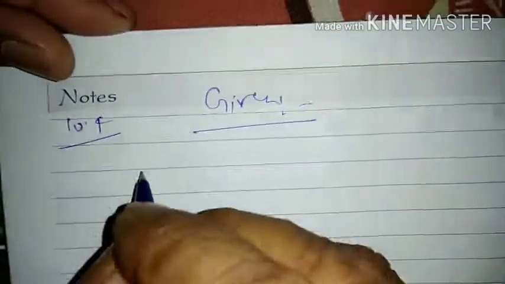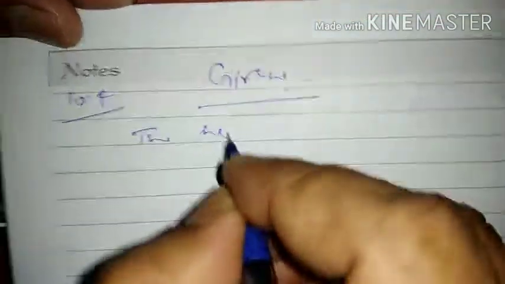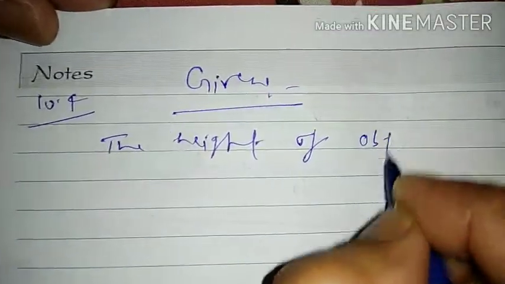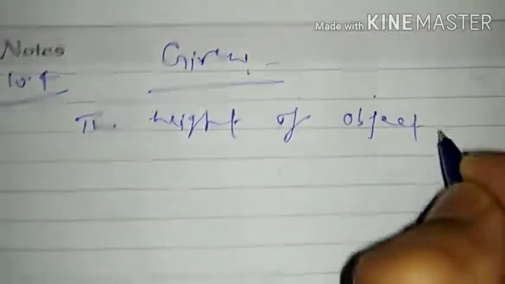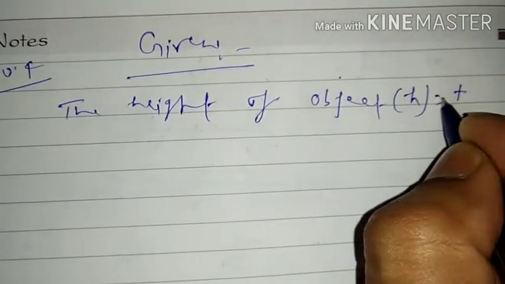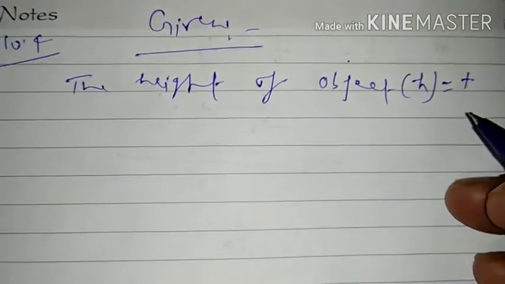Example 10.4, given. See what is given. The height of object, and for height we use the symbol h. Height of object always becomes positive.